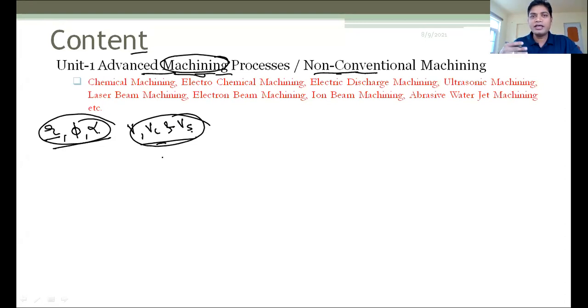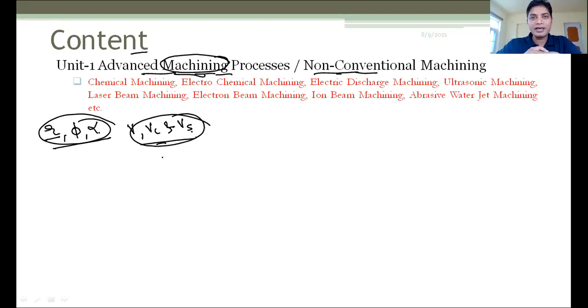We also studied that there are different types of chip formation when we are using different types of materials. The chips can be continuous, discontinuous, or continuous with built-up edges, and that depends on which material we are using. If we are using a ductile material, which is softer, then there is continuous chip formation, as well as the chance of continuous chips with built-up edges.